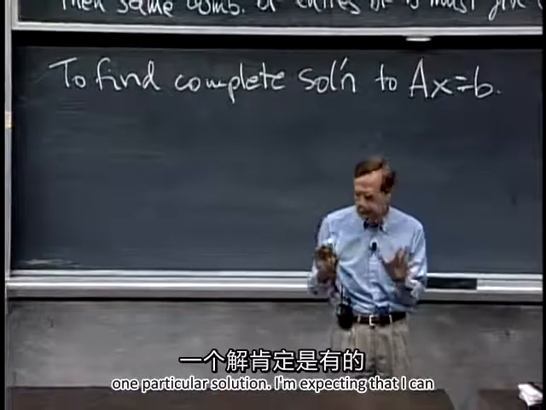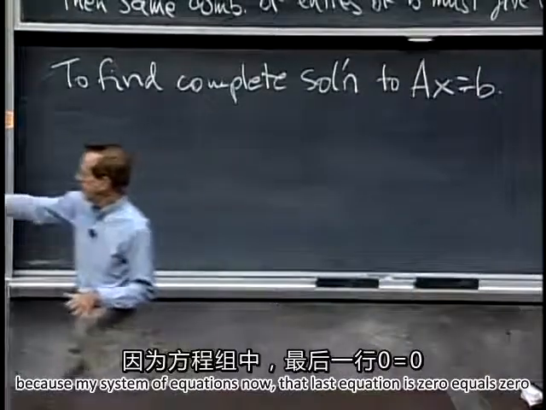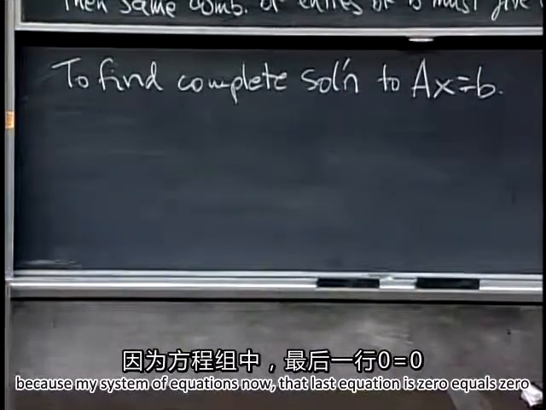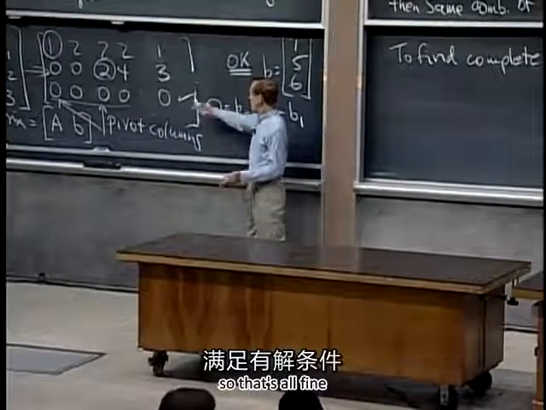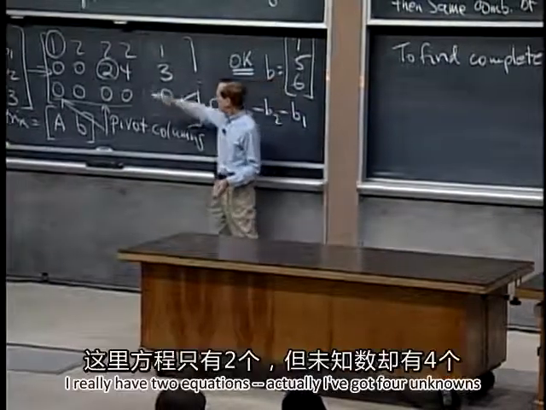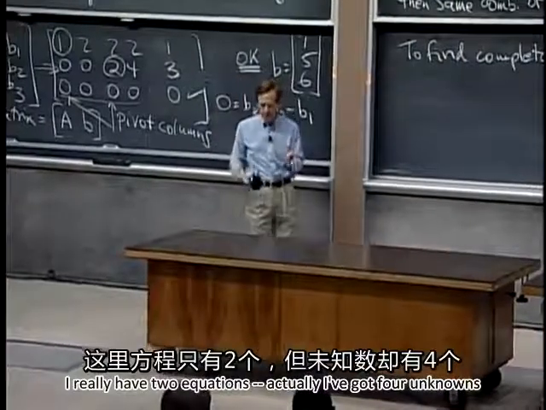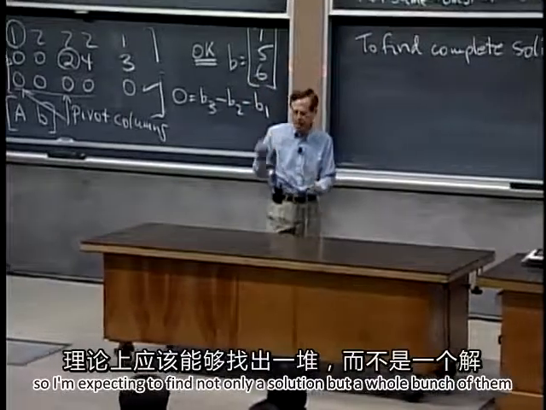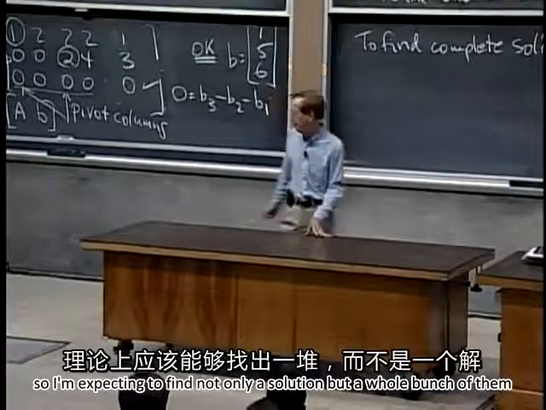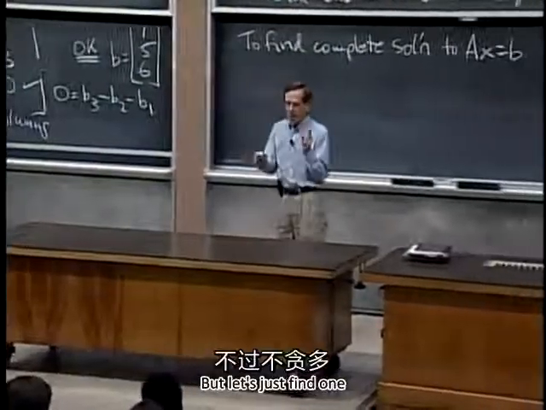I'm expecting that I can, because in my system of equations now, that last equation is 0 equals 0. So that's all fine. I really have two equations. Actually, I've got 4 unknowns. So I'm expecting to find not only a solution, but a whole bunch of them. But let's just find one.